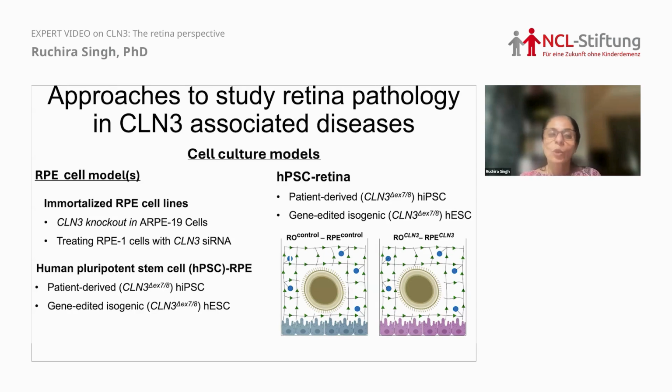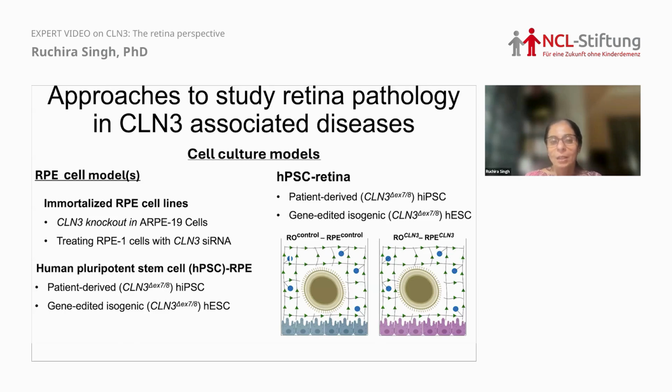And again, these are both immortalized cell lines, and they have improved our understanding of the molecular mechanisms. However, they're very limited in mimicking important disease phenotype, and several studies have shown a big difference in the transcriptomics and even formation of tight junctions between these immortalized cell lines and the human RPE in vivo. And this has had a significant effect, right?